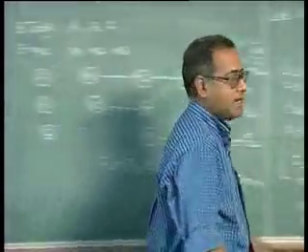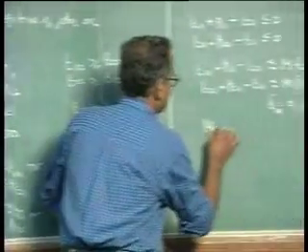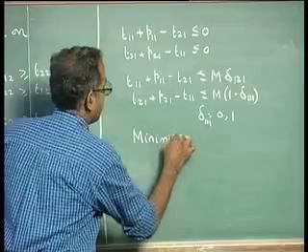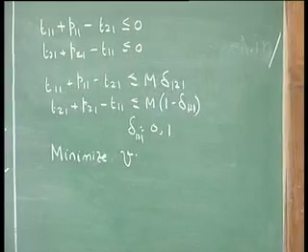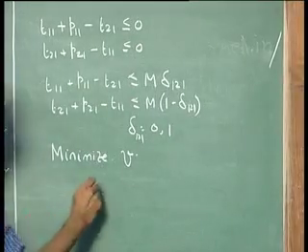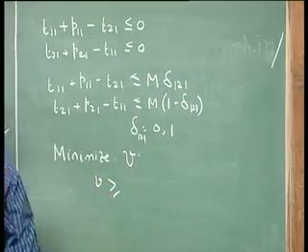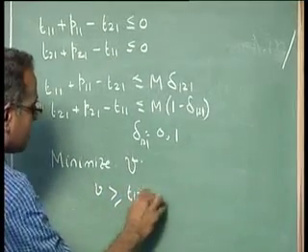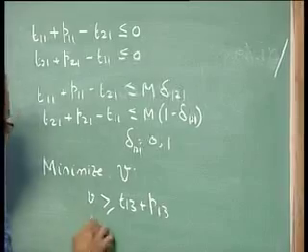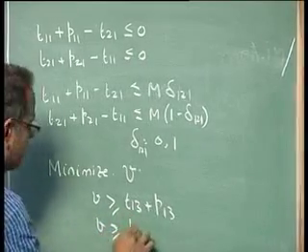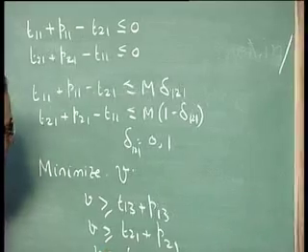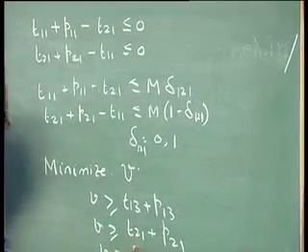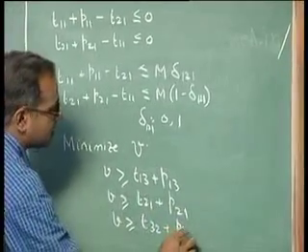So I end up writing minimize some V, and V is the maximum of all of them. So V is greater than or equal to T13 plus P13, V is greater than or equal to T21 plus P21, and V greater than or equal to T32 plus P32.